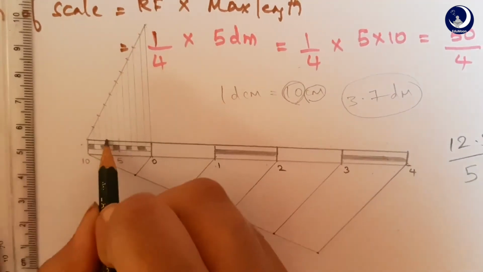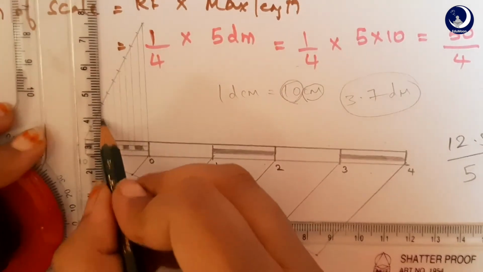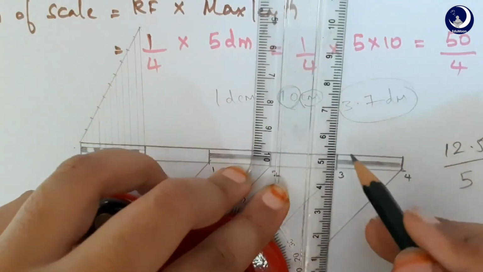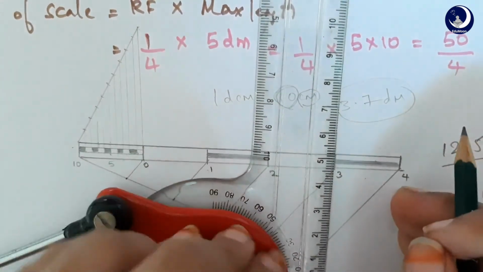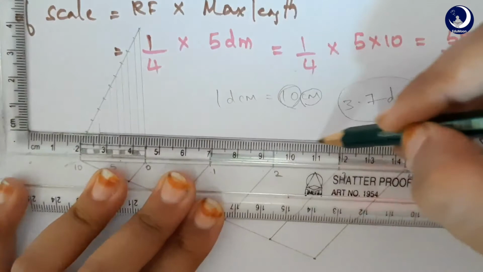So from here we are going to draw a line. And from 3 we are going to draw a line. That will be your 3.7 decimeter.